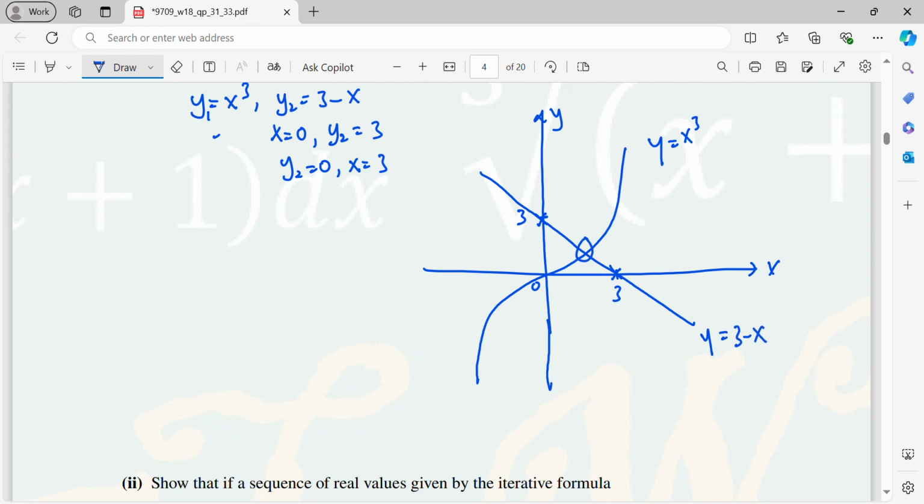There's one intersection point. So you just write here, there is only one intersection point.